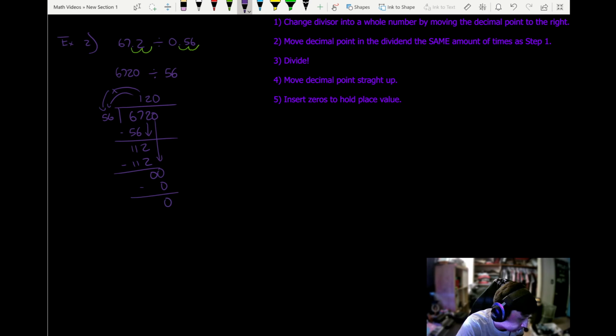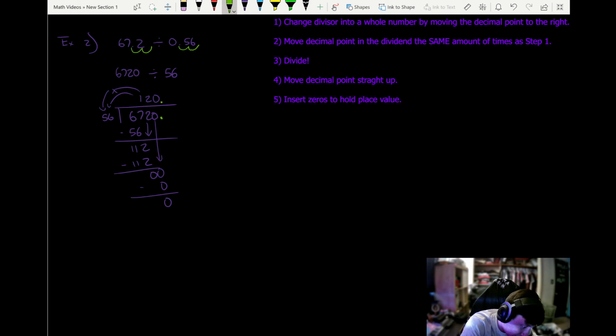Then step 4 is move the decimal point straight up. But where is the decimal point? These are all whole numbers now, and actually, whole numbers also have decimals. They're just not written most of the time. It's right here, and we bring it straight up.